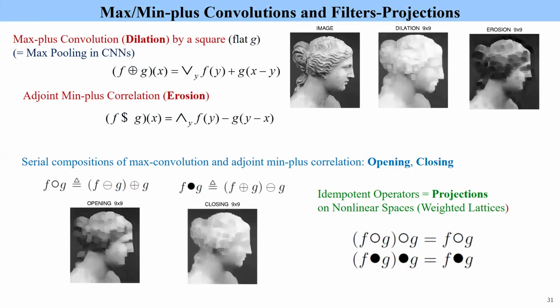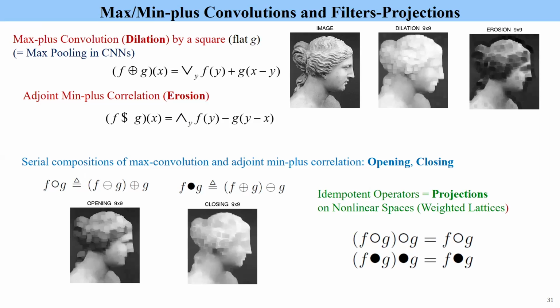This idea extends to gray images, in the form of max plus convolutions. The dilation of a function f by a function g is a max plus convolution, whereas the erosion of f by g, again, the symbol here shows up in a crazy form. This symbol, a dollar sign in my PowerPoint, was supposed to be a circle and a minus sign.